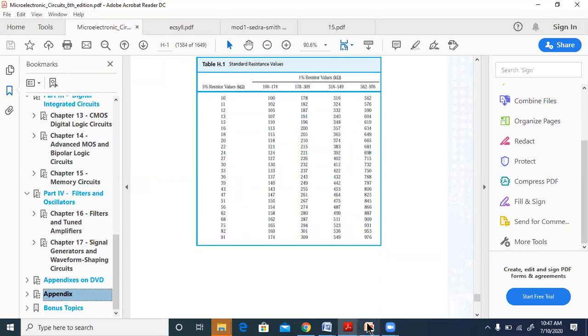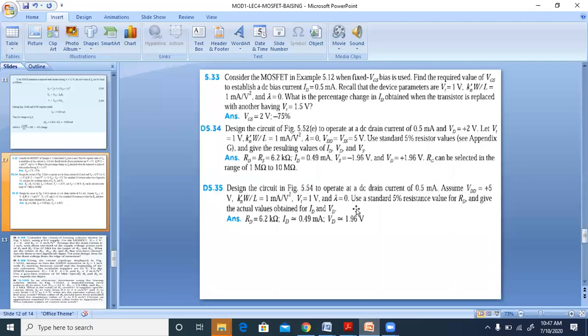So once having used 6.2 kilo ohms there, then what will be the value of ID? Again, we should reverse, find back the value of ID. That is, ID is equal to VDD minus VD, that is 5 minus 2 divided by 6.2. So some difference in value of ID you'll get there, right?